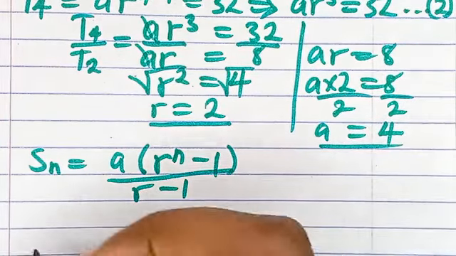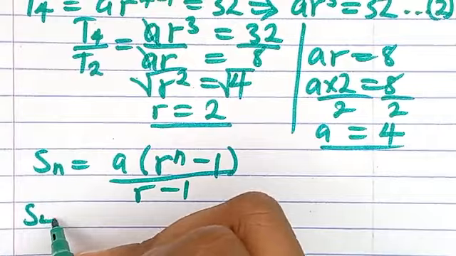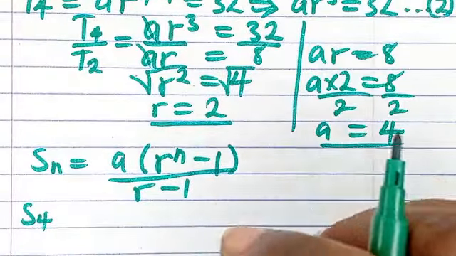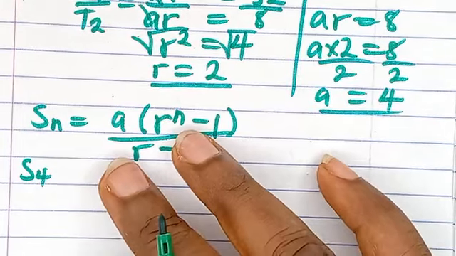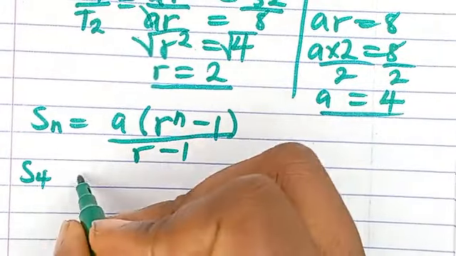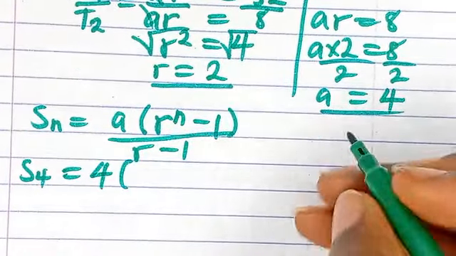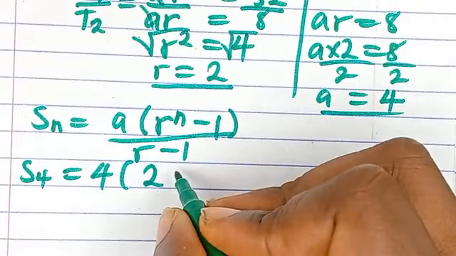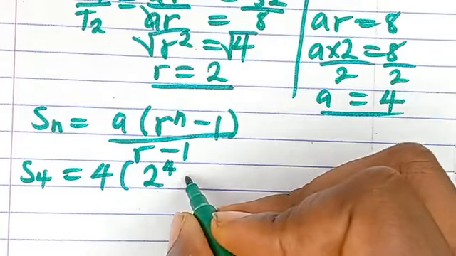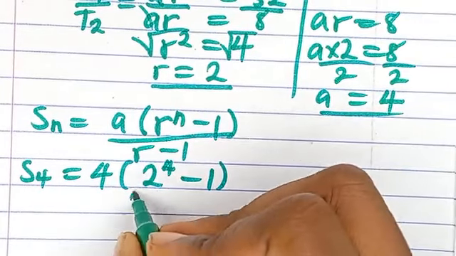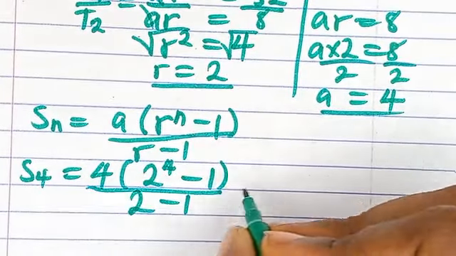We substitute, since the sum to the fourth term is what we are looking for. Sum to the fourth term is equal to A, which is 4, into R, which is 2, raised to power 4 minus 1, over 2 minus 1.